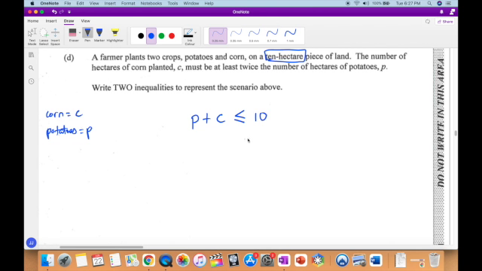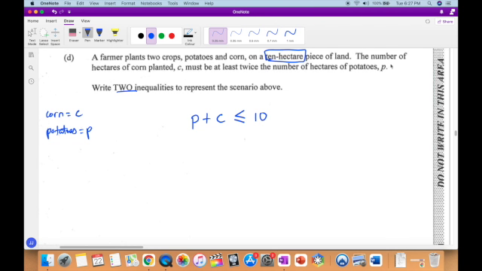So that is one equation. You can't be planting more than 10 hectares of land. So how much ever potato he plants and how much ever corn he plants, it has to be equal to 10 hectares or less than 10 hectares, right? So that is one, because they want 2 inequalities.